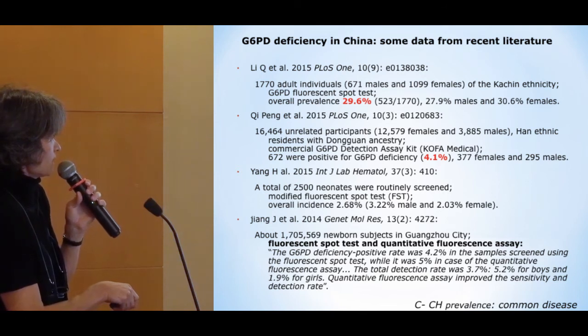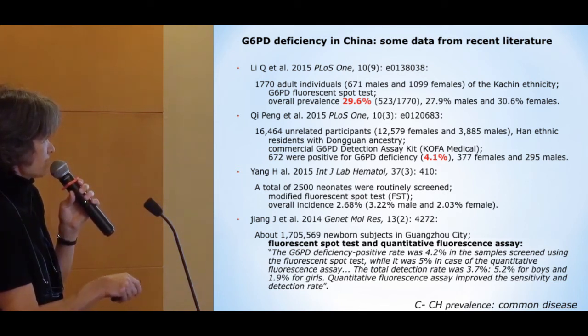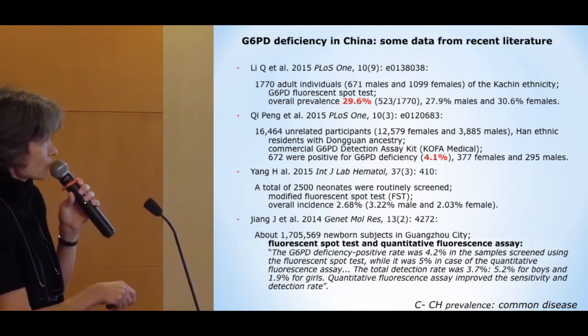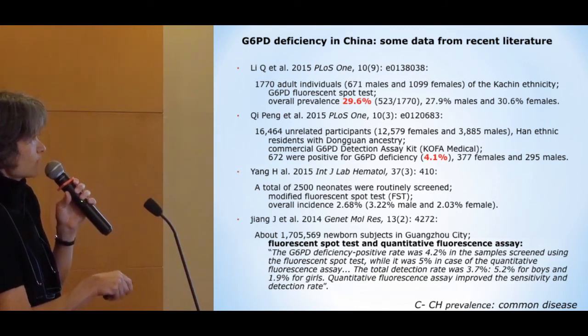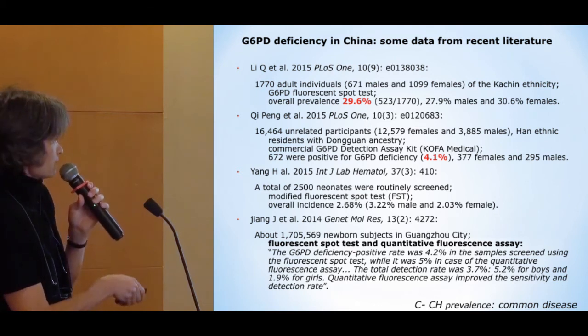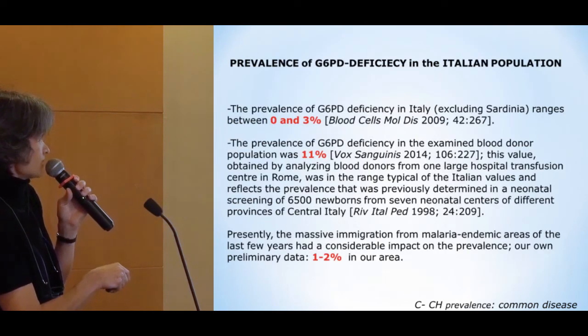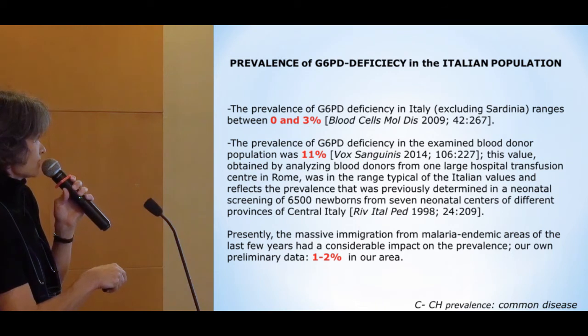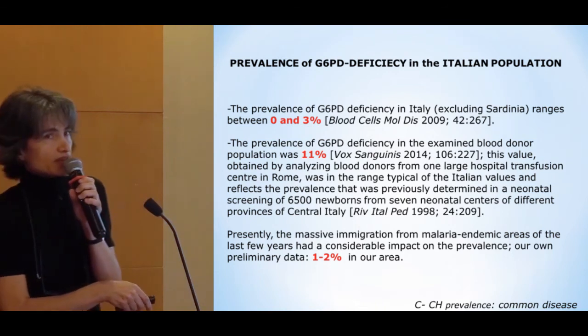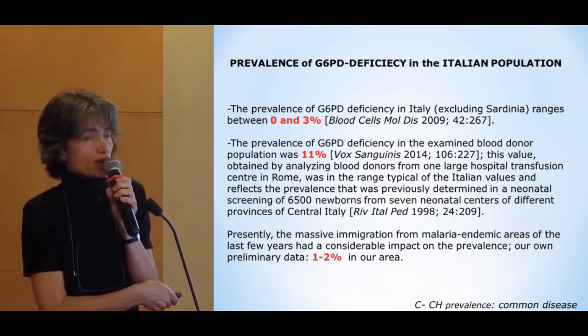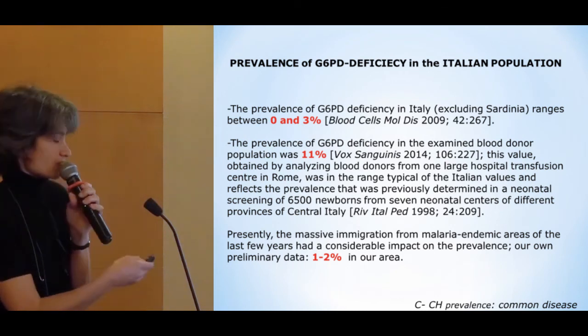In China, again, it's quite dependent on the ethnic group that you are dealing with, but I would say it's extremely common. We have a little bit lower value in Italy, but it is considered a quite common disease in Italy as well.